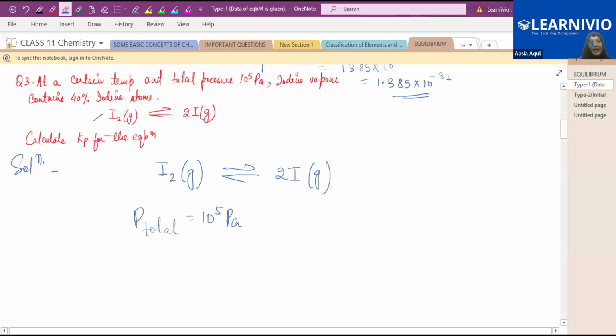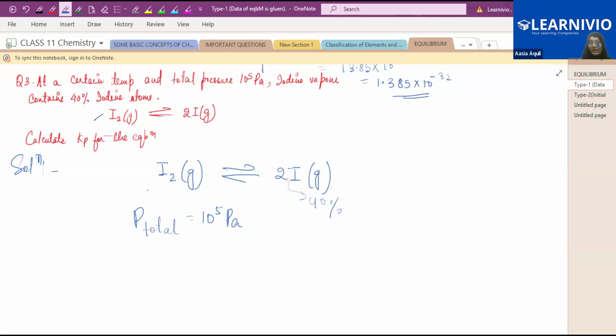Okay. And iodine vapor contains 40% iodine atoms. So here iodine vapor is being converted into 40% iodine atoms.